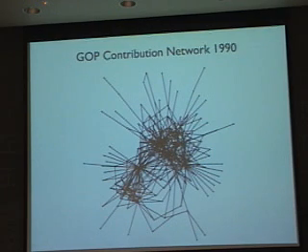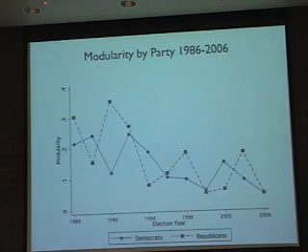So when we look at the scores over time, we see a very distinct trend for each party, where parties were more factionalized in the mid-'80s than they are today. There's a clear secular decline in the modularity scores.